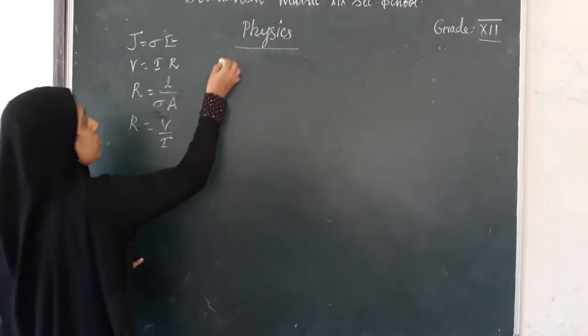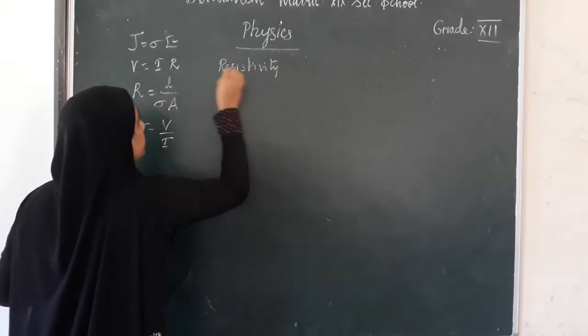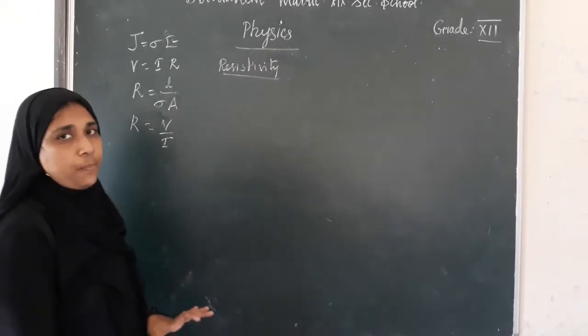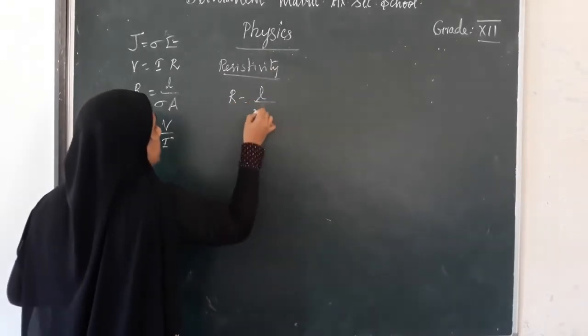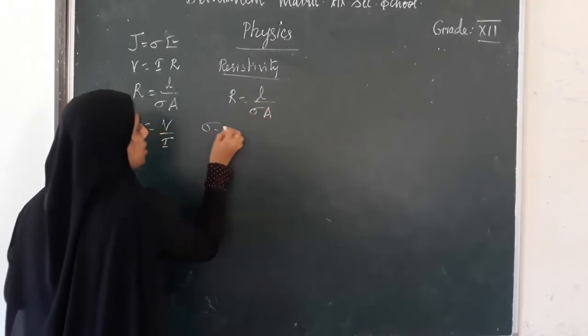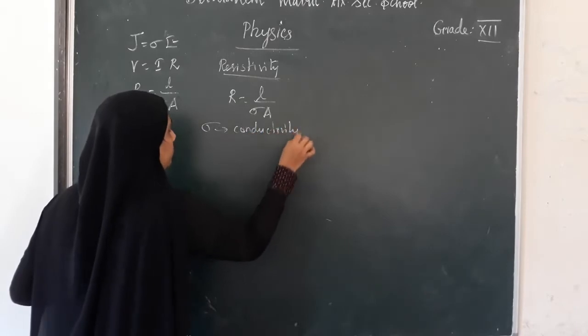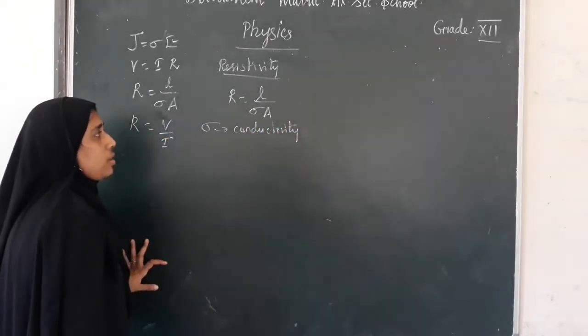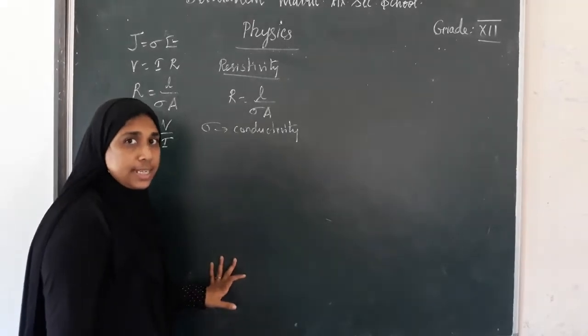Now we are going to learn resistivity. So R is equal to L by sigma A. Here sigma is known as conductivity. The reciprocal of this conductivity is called resistivity.